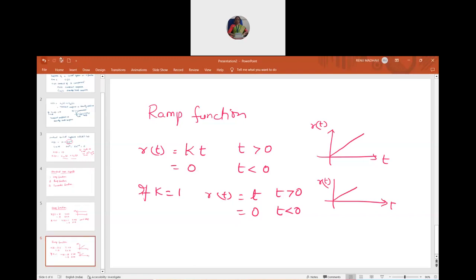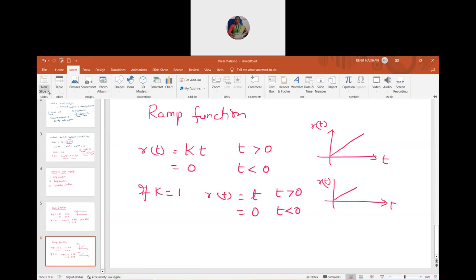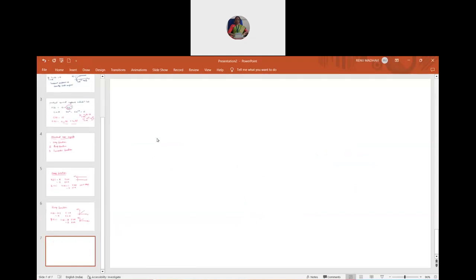The next one is the parabolic signal. The third standard test signal is the parabolic function. How is it defined? R of t is equal to kt square by 2 for t greater than 0 and equal to 0 for t less than 0.